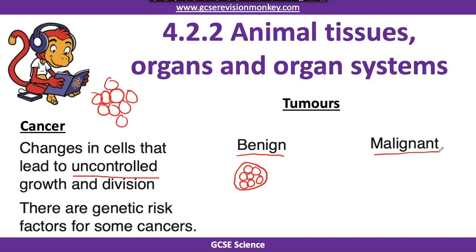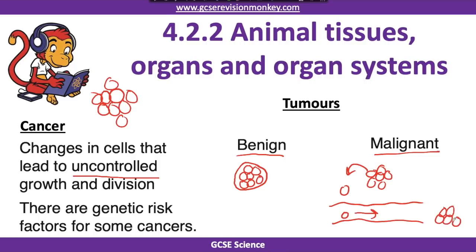In malignant tumours, however, the cells that are dividing uncontrollably can actually break away and enter into the bloodstream and travel to another place in the body where they will make a secondary tumour.